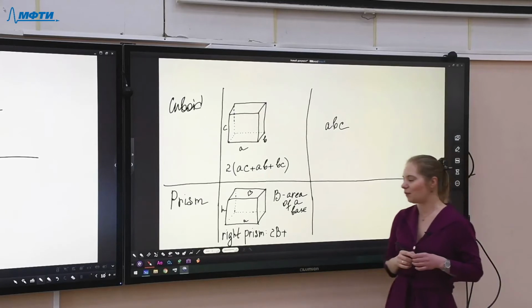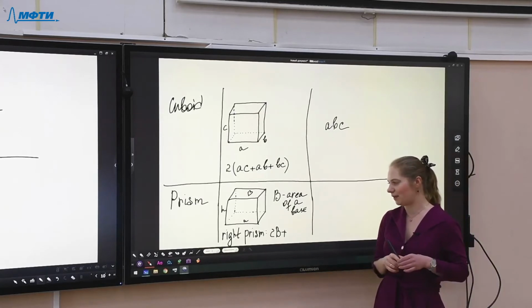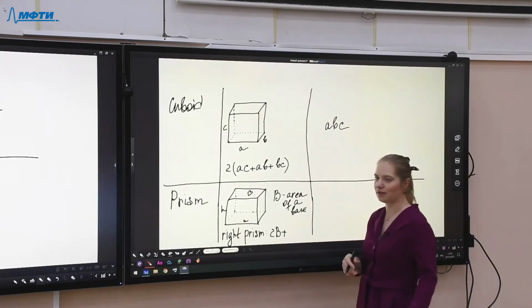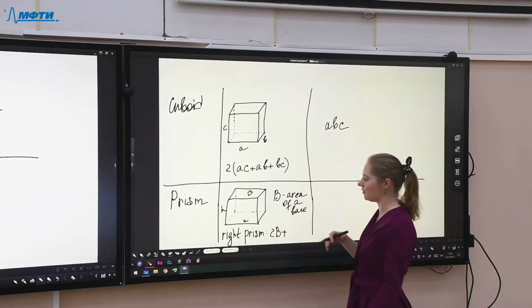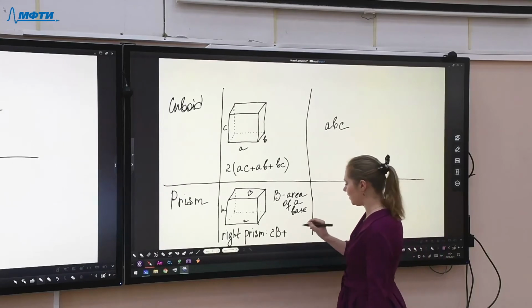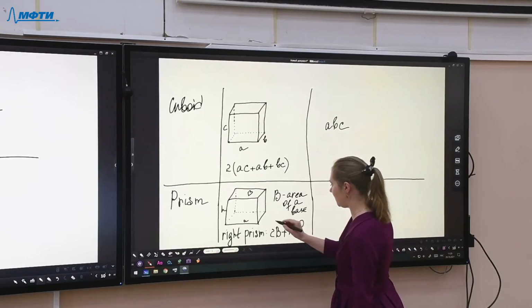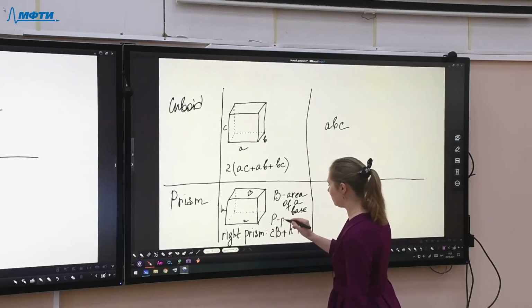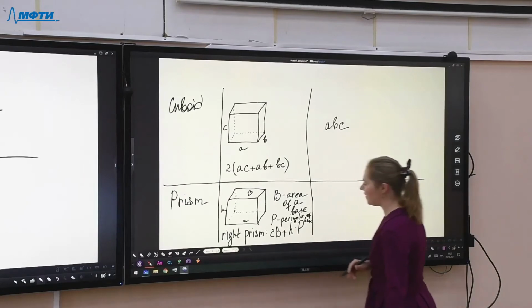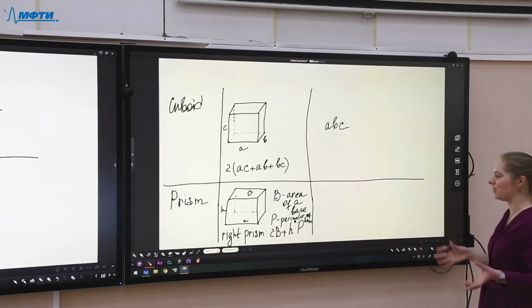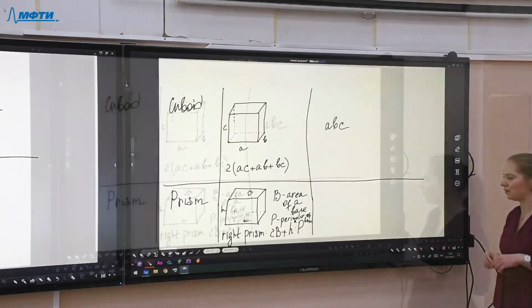And if we can calculate the perimeter of the base, we can calculate the area of the faces, and it will be h times p. Here p is perimeter of a base. A perimeter is a sum of all sides of a polygon.